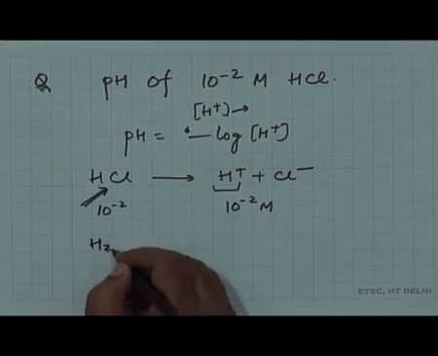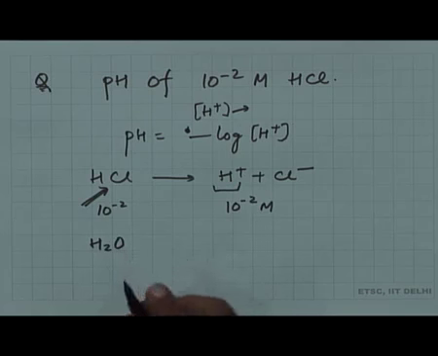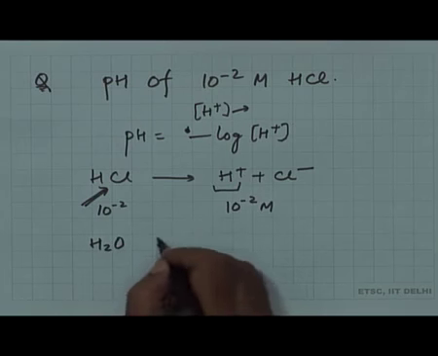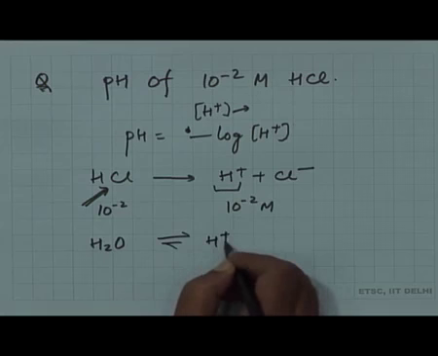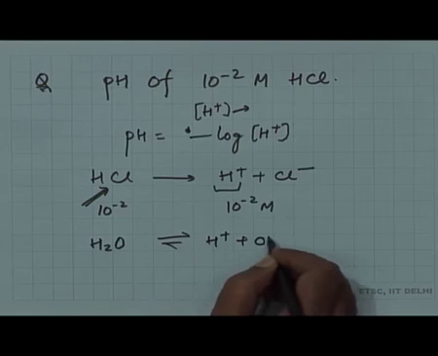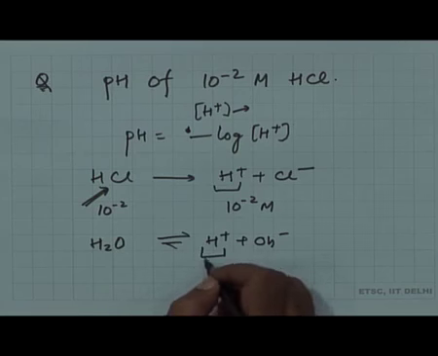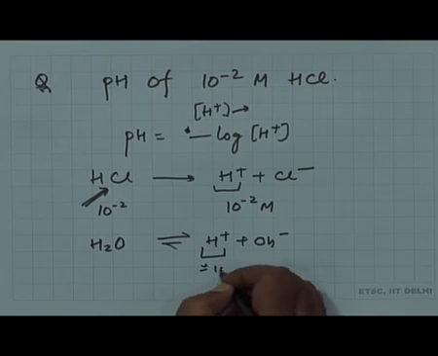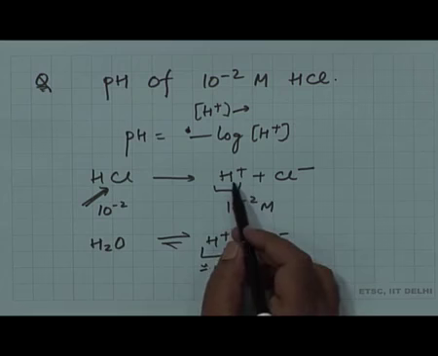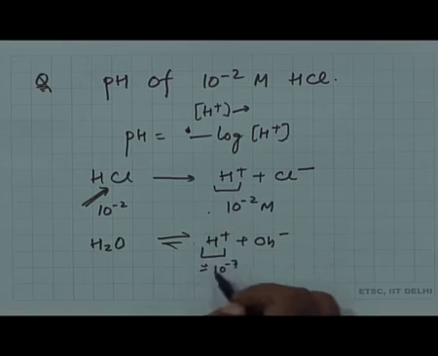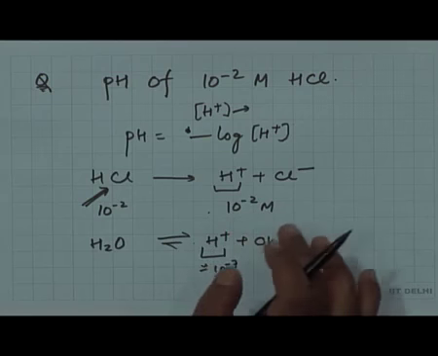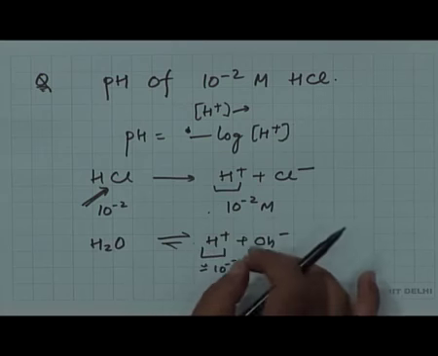We can also get H+ from H2O, but this is a reversible reaction, and the amount of H+ obtained will be small. It is of the order of 10 to the power minus 7. Certainly, it will also depend on the common ion effect. It is not exactly equal to 10 to the power minus 7 in presence of HCl.